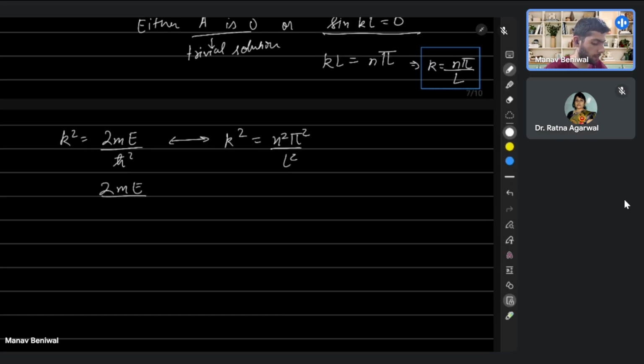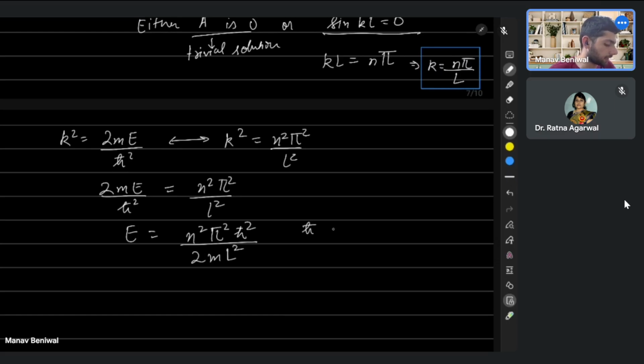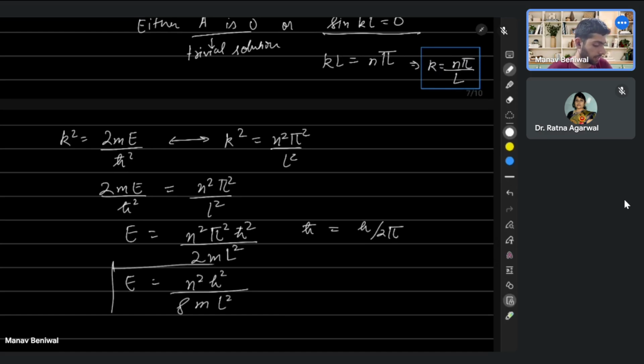And what we get is 2mE over h cut squared is nothing but n squared pi squared over L squared, or the energy E will be n squared pi squared h cut squared over 2mL squared. Okay, or if we write h cut as h over 2 pi, the pi squared term will cancel out and we will only remain with h, and this is the final energy which we will get.